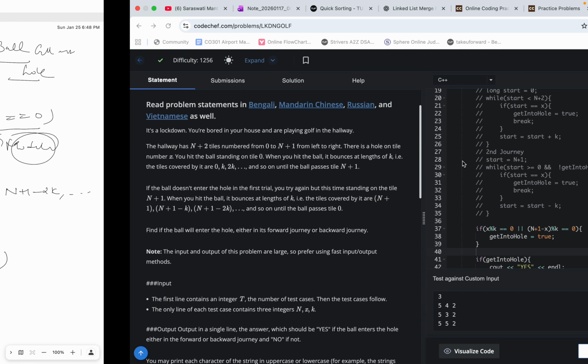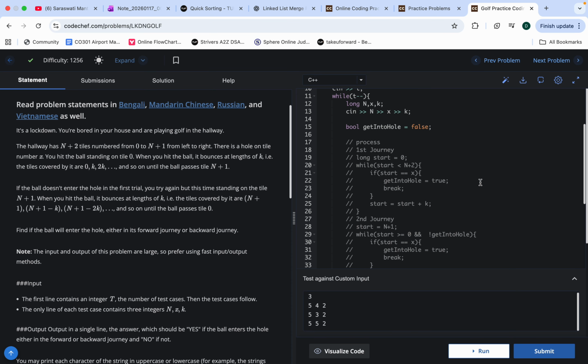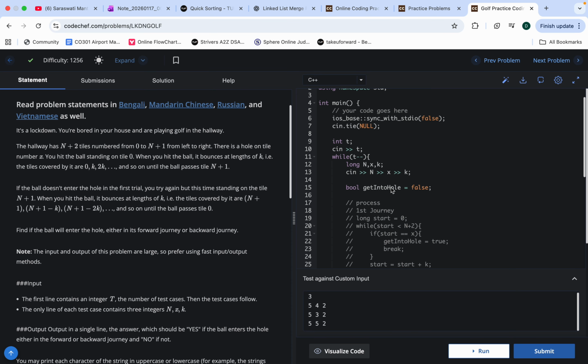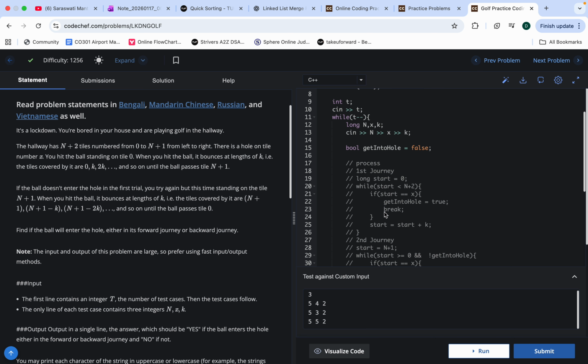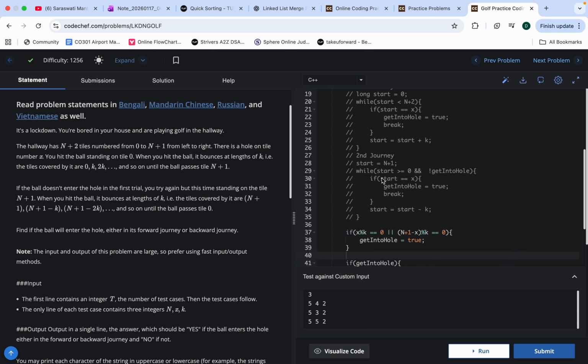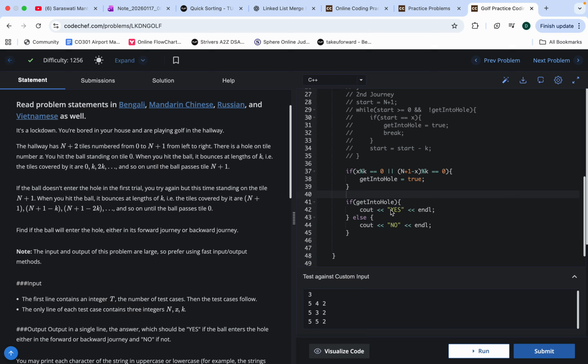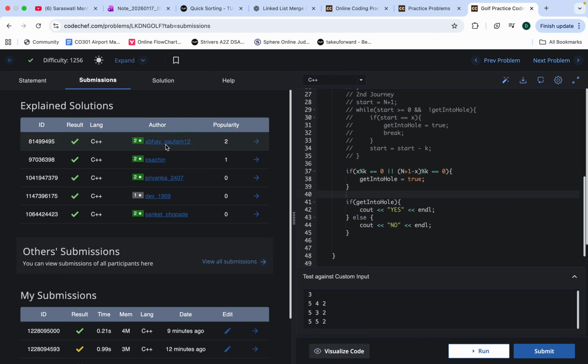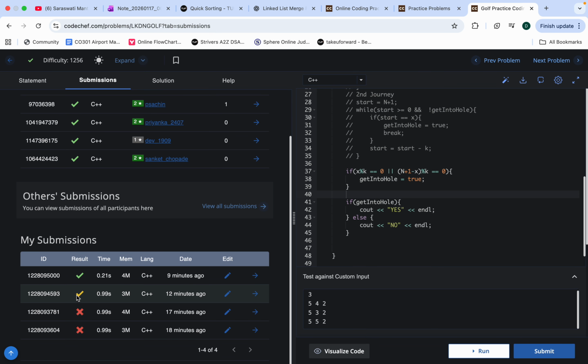I have written the code. This is the code for the first journey, the loop solution. I ran this solution and it led to time limit exceeded, which was partially correct.